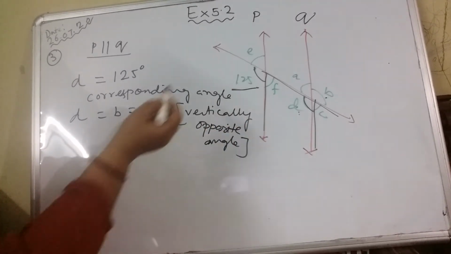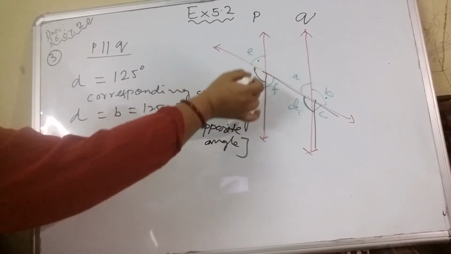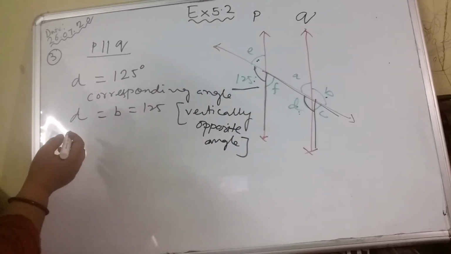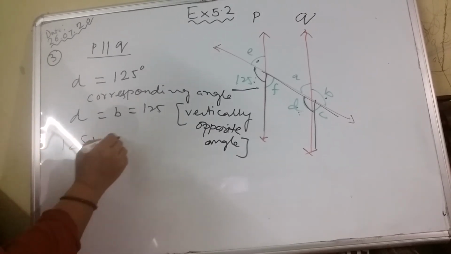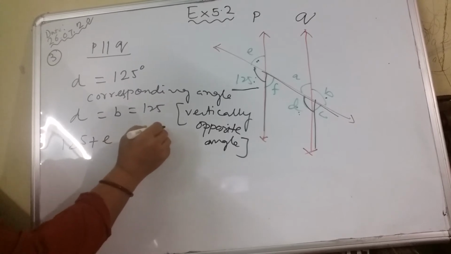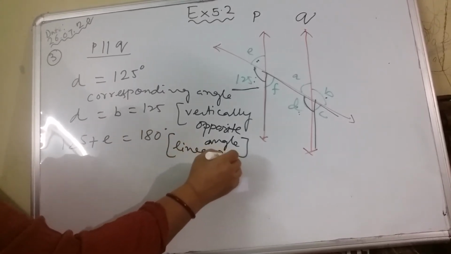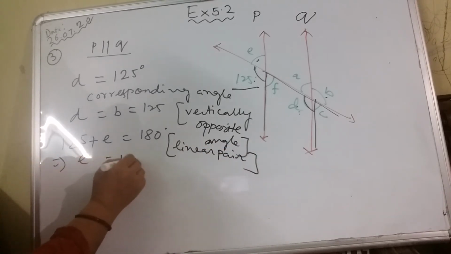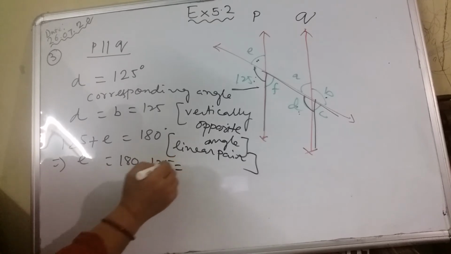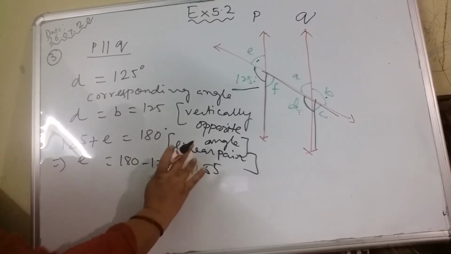Now this angle and this angle, they are a linear pair. So 125 plus E equals 180 degrees, linear pair. So E will be equal to 180 minus 125, that is 55.